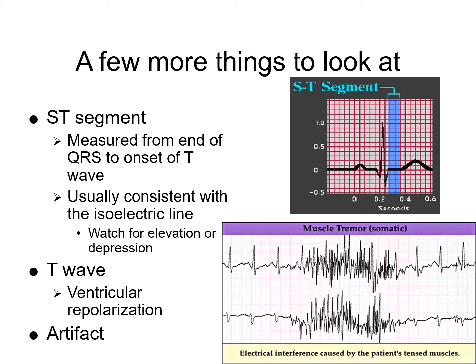Also on that small picture with the muscle tremors, that's what artifact can look like. Patient moving, the alarms go off sometimes and it's just somebody moving in bed, loose electrode, improper grounding. So look at your patient before you get all freaked out.